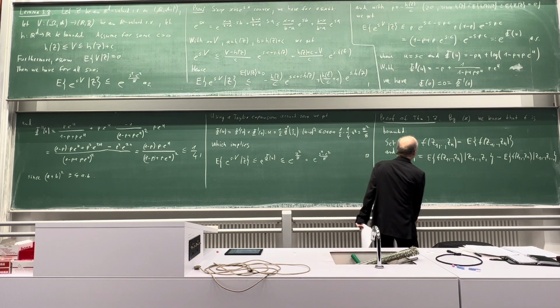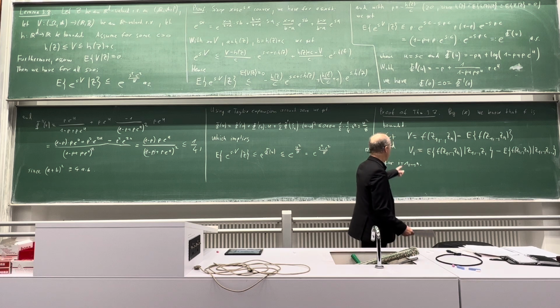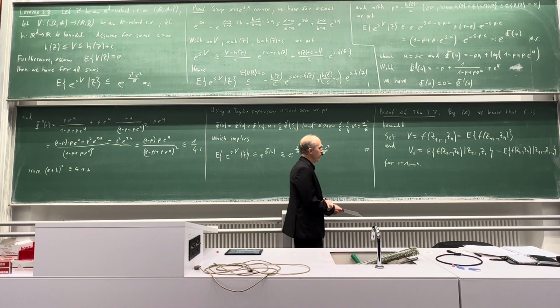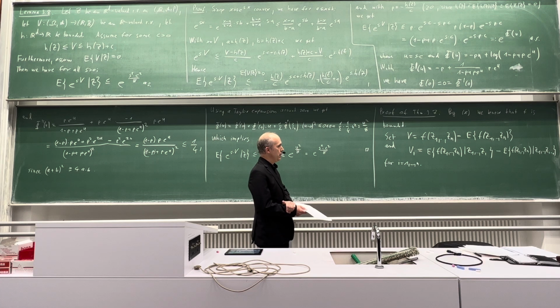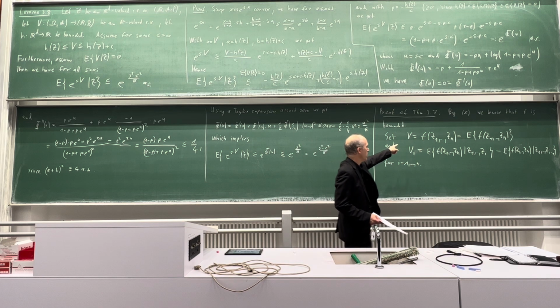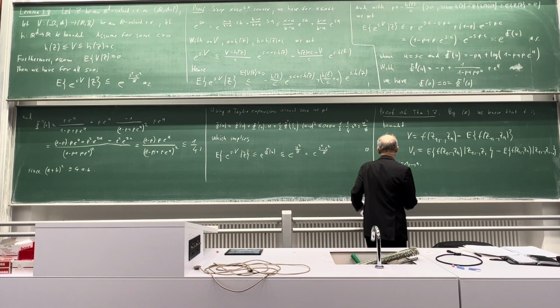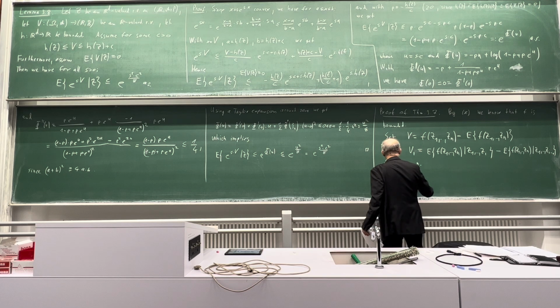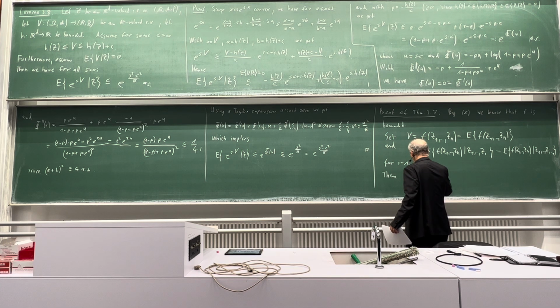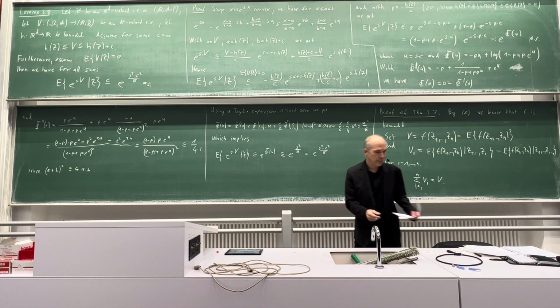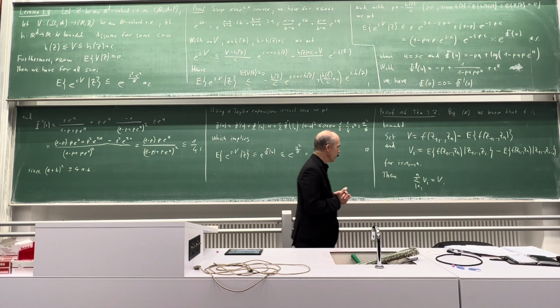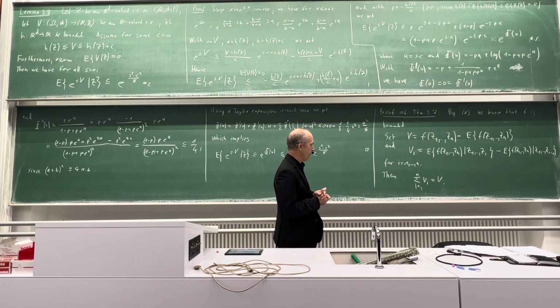And then if you sum up V_1 to V_n, this is a telescope sum and you end up just with V. The sum over i equal 1 to n of V_i is equal to V. That's the first part.